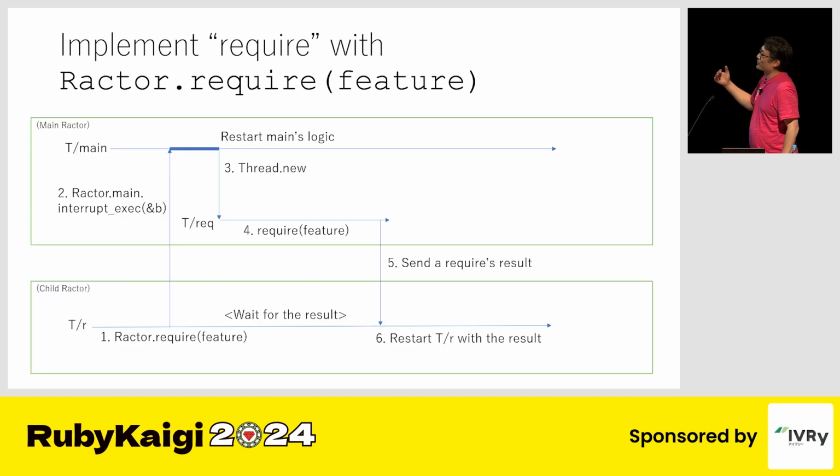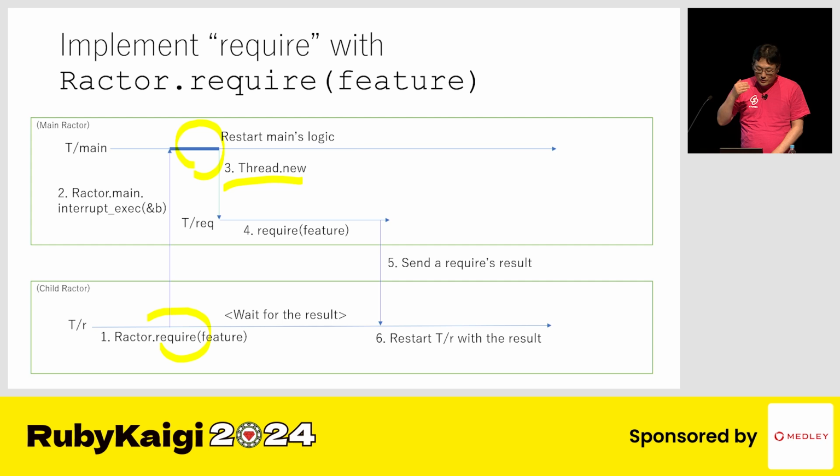This diagram also shows what happens on Ractor.require. At first, the child Ractor calls this method and runs the block on the main Ractor. The main Ractor restarts the main Ractor's logic just after creating the thread. And on the new thread, it requires a feature and returns the result to the child Ractor.